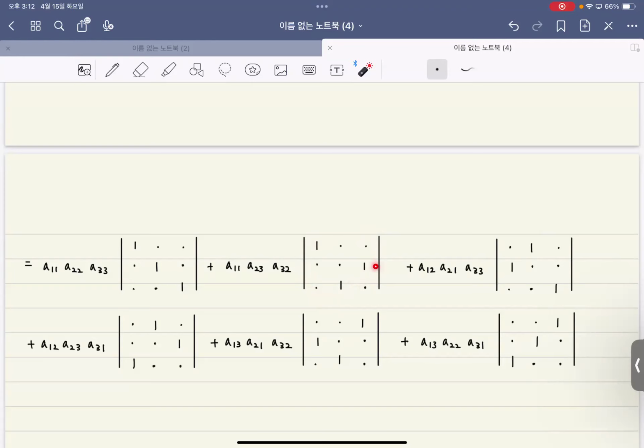Right, because I can obtain this matrix from the identity by swapping the order of the middle and the bottom rows. Okay, so this is -1. This is also -1. I believe this is also -1 because swapping the first and the last rows obtains this.